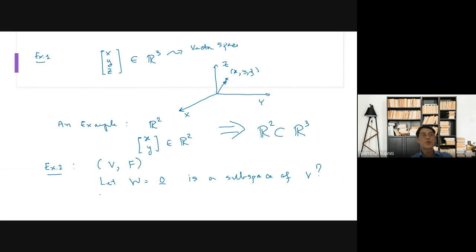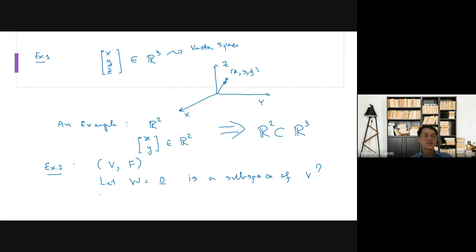Well, W only has one member, and it happens to be the identity for addition as well. Thirdly, the inverse of 0 is just 0, because when added together they get 0.